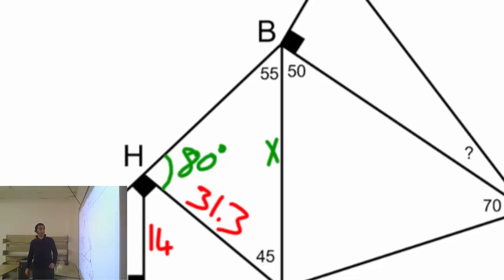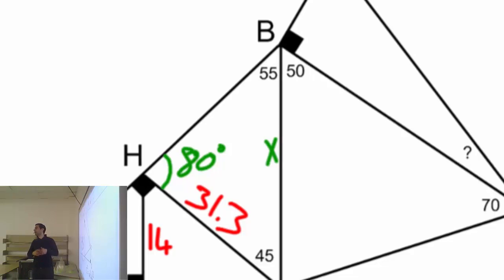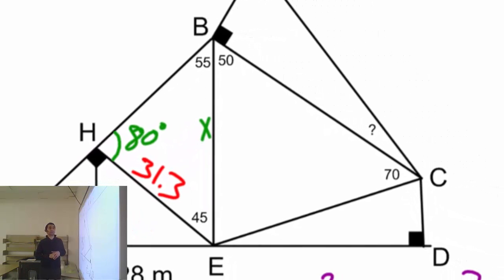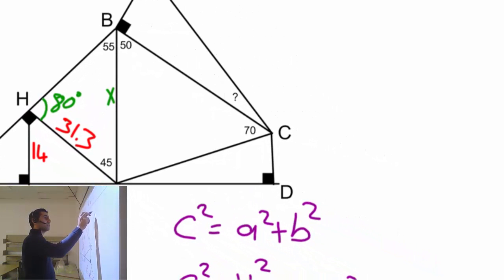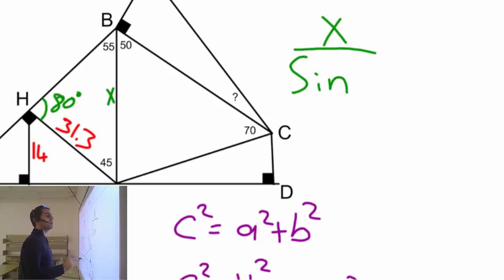So since I know the angles and one of the sides, I am going to use the sin law. So let's calculate it. Sin law, I'm going to calculate like this. Side X divided by sinus whatever is the angle, and X, which one belongs to side X?